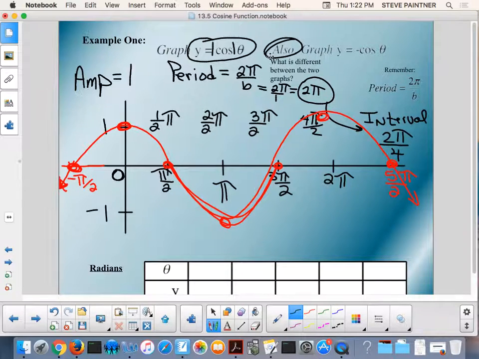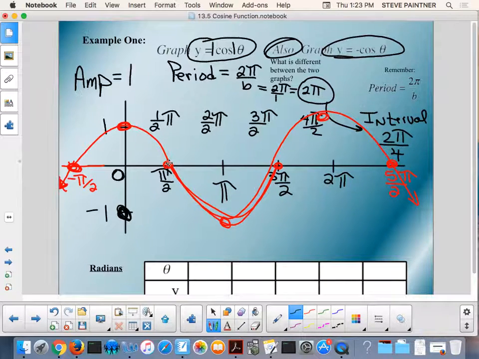Now, wait a minute, don't flip the page, because look, it says also graph negative cosine theta, which is the same thing except flipped. It's opposite. It's a reflection over the x-axis. So if you're at 1 here, 0 goes in, now we're down here. It's the reflection, negative 1.